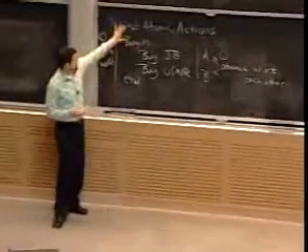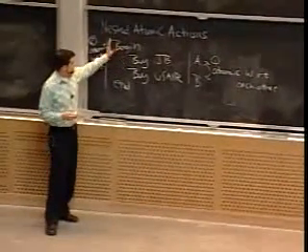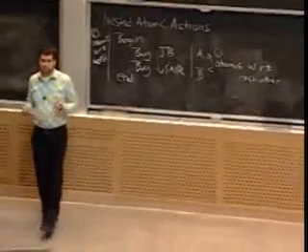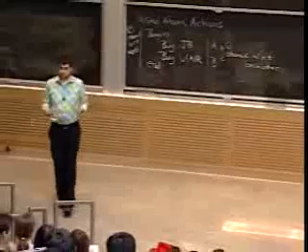Okay, so this is this notion of nested atomic actions, which is we have this outer action and then it has these two actions nested within it, and each of these actions is in and of itself an atomic action.